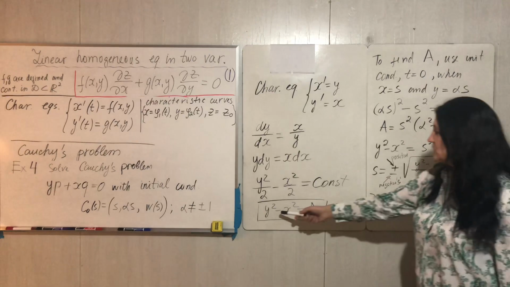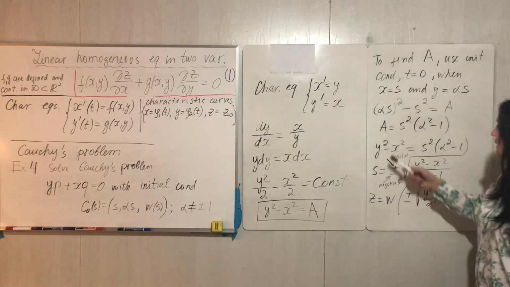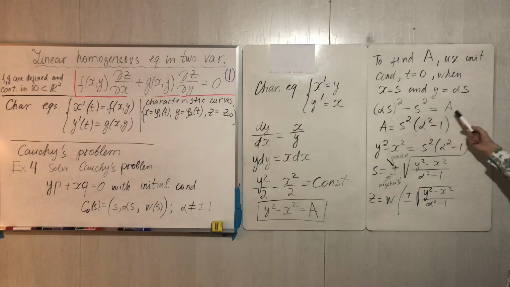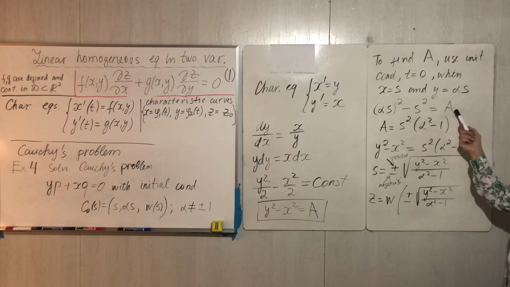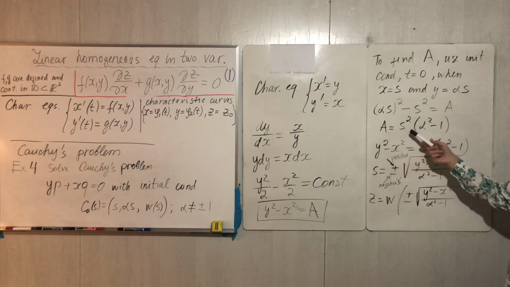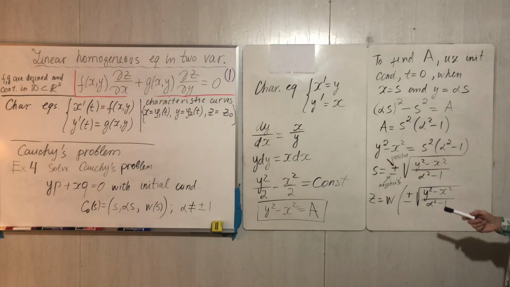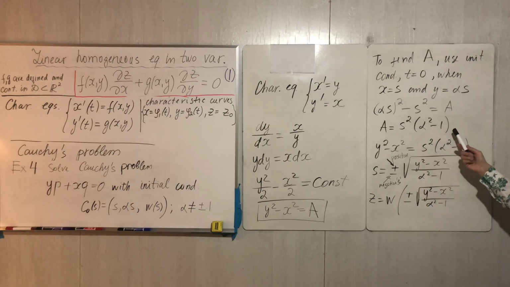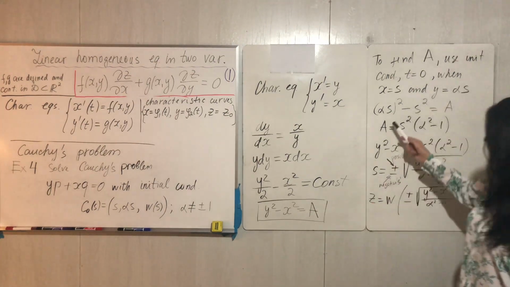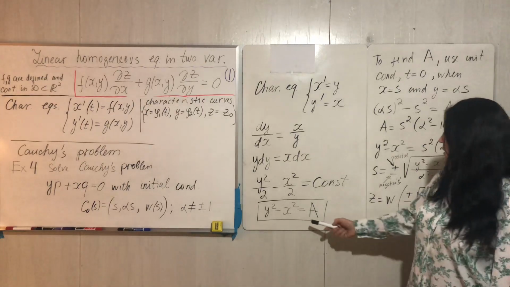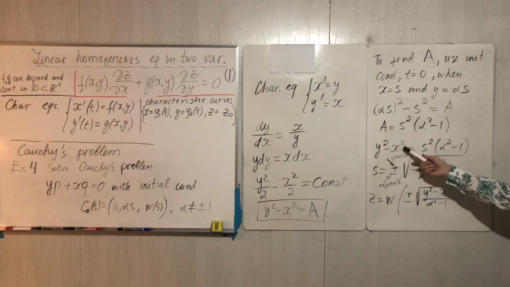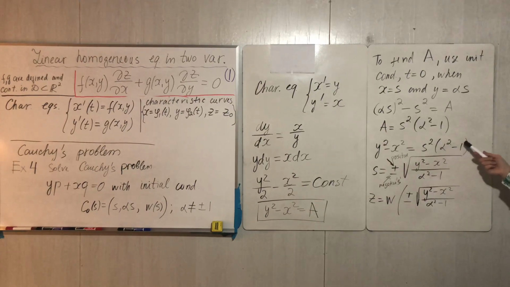So we plug this into this equation. We'll have alpha square s square minus s square, and that must give us a. So from here we know what a is. This constant a depends on s. And then finally we just plug this value in instead of a. So we have our equation y square minus x square equals s square times alpha square minus 1.